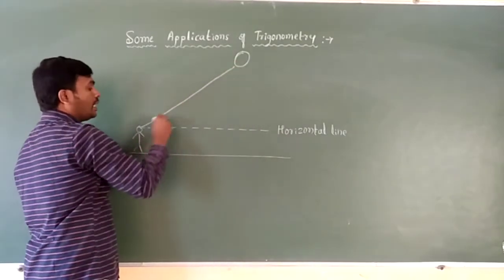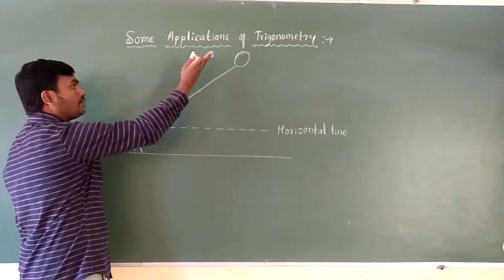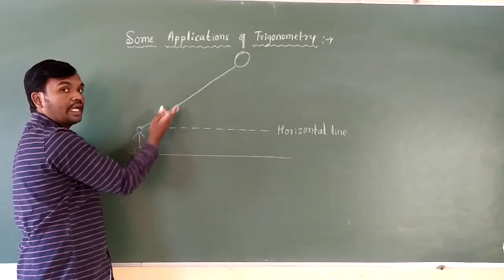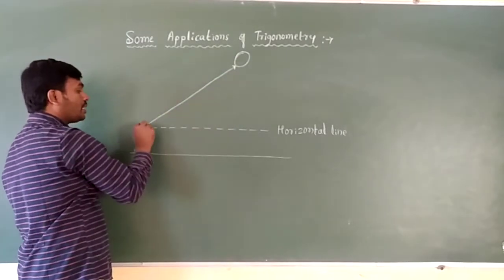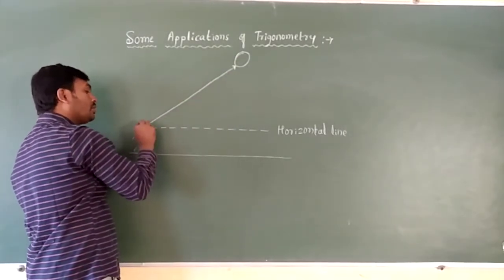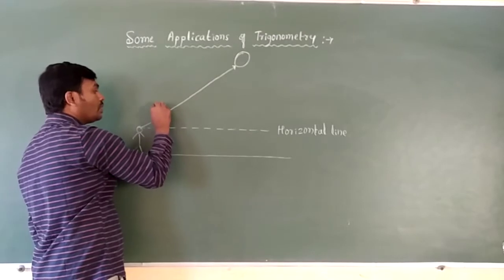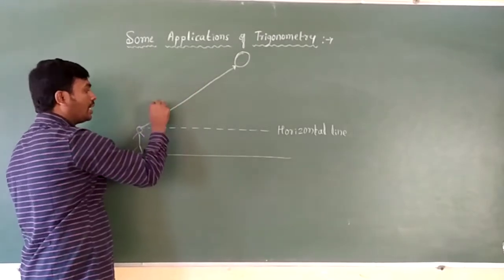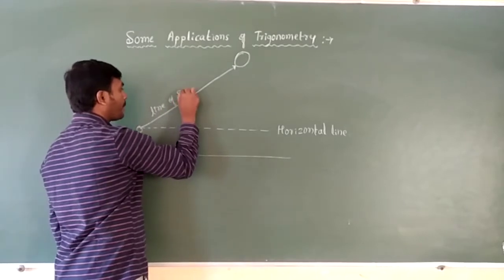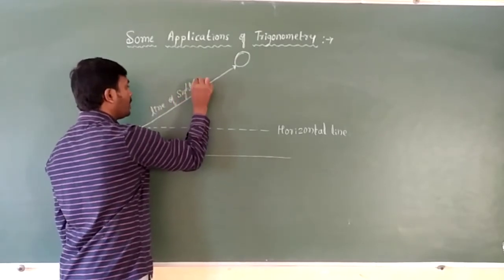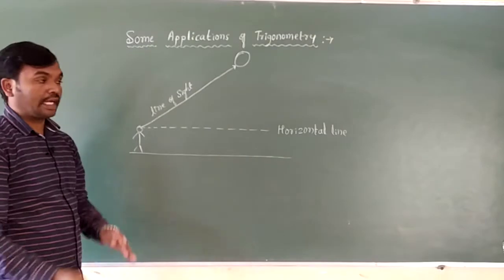This imaginary line is called the line of sight.